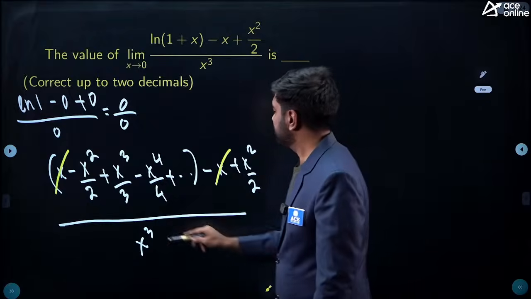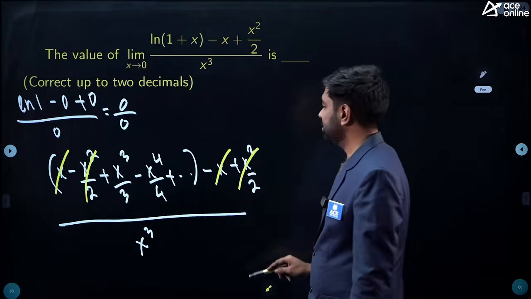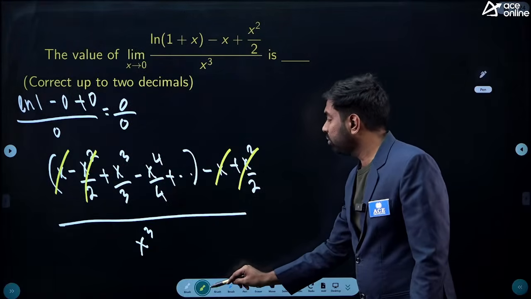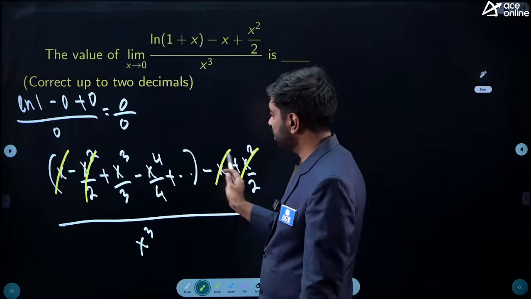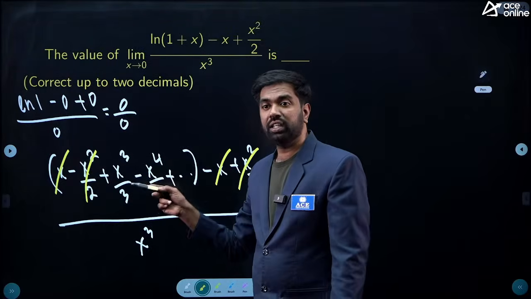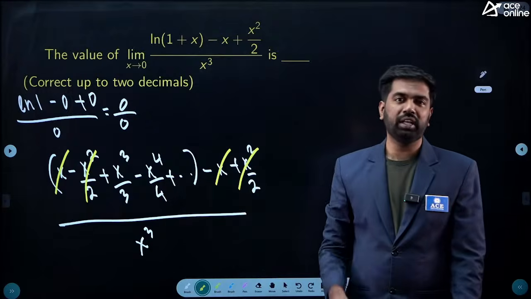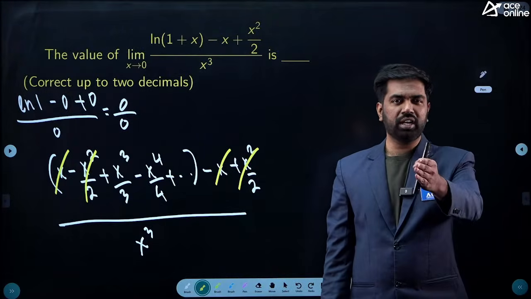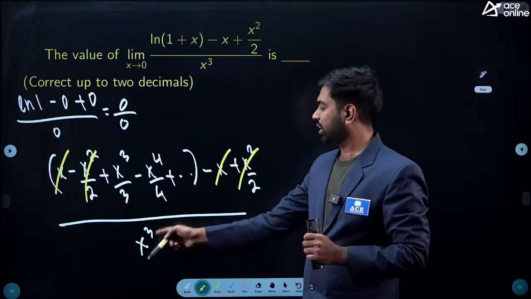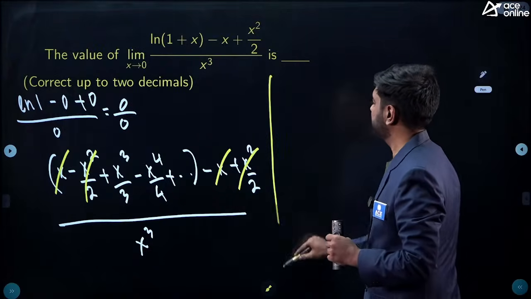This and this cancels, this and this cancels, and then you are left with x cube, x power 4 and so on, where every term has a power 3 or more, which clearly suggests that I can take x cube common and cancel with the denominator x cube.